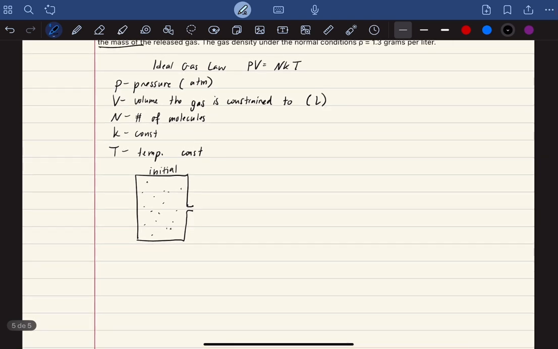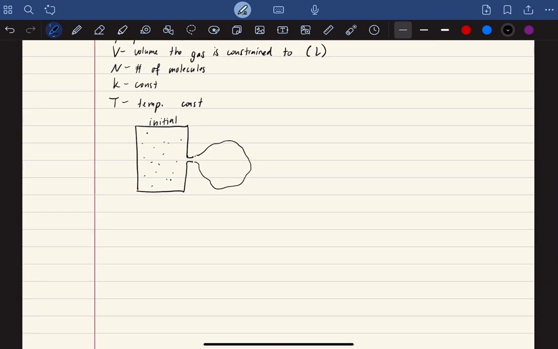I'm going to label this as removed gas. Eventually we have a final container where we have fewer molecules than in the initial, because we removed some of them.